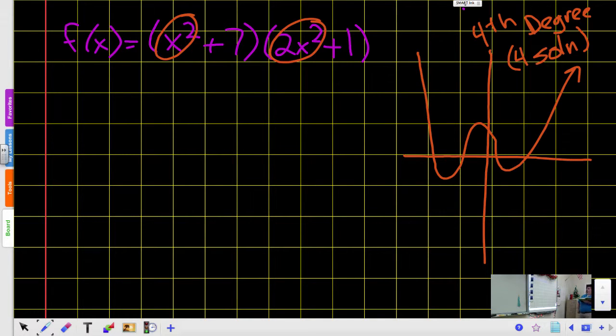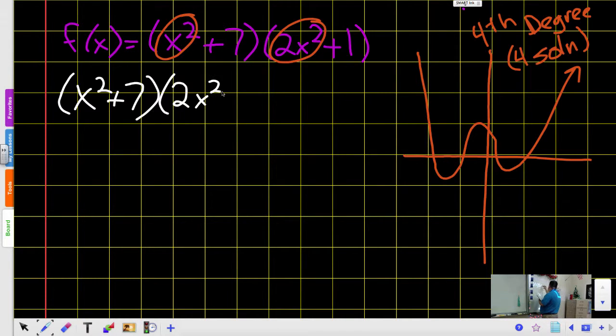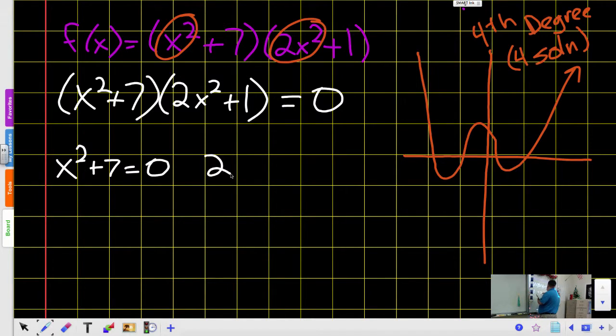However, they wanted us to consider a couple of things. So, for example, they wanted us to consider, what does this look like if I say x squared plus 7 times 2x squared plus 1 equals 0. Well, now, if I solve this, I end up with x squared plus 7 equals 0, and then 2x squared plus 1 equals 0.